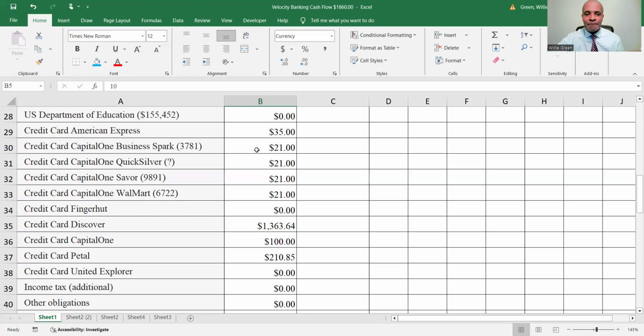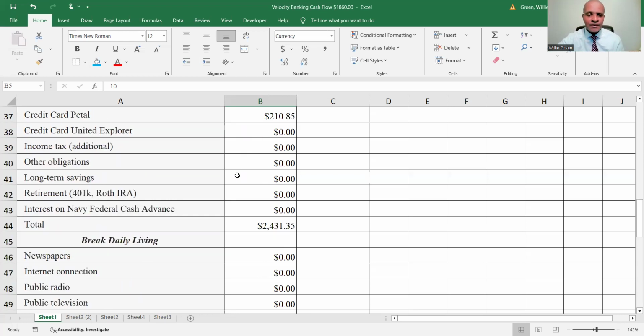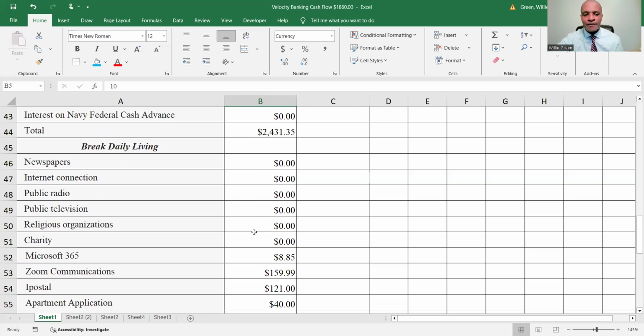If I pay back the minimum on some of these cards, it would approximately take me 20 some years, if not more, to pay them back. So that area is like $2,431.35. That is the largest area of my budget.